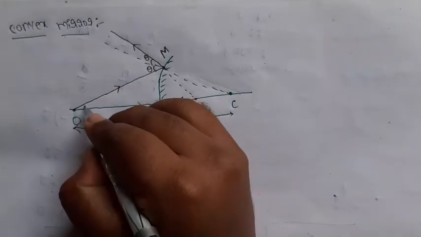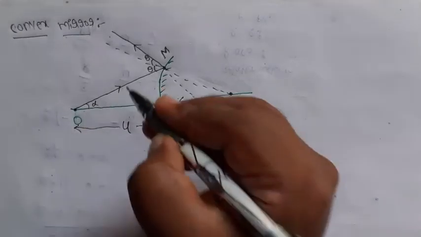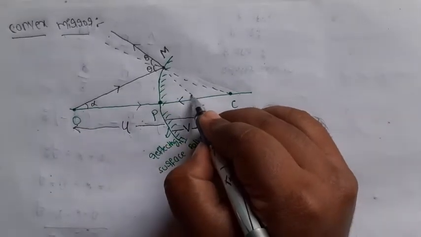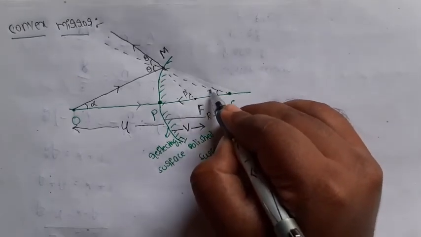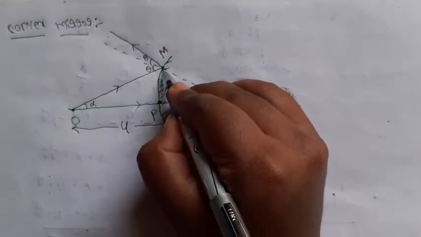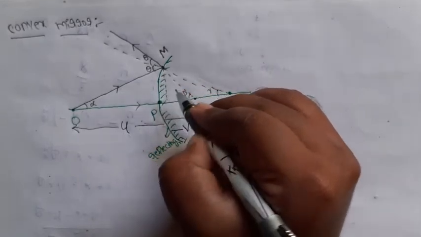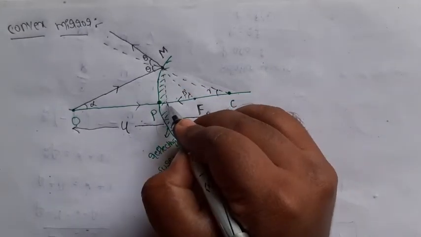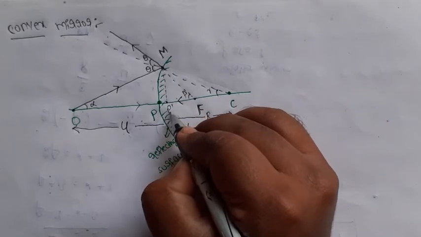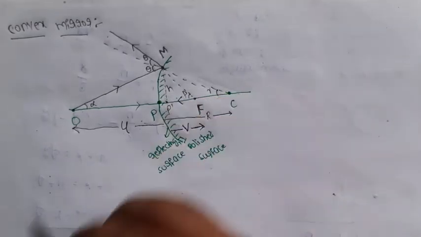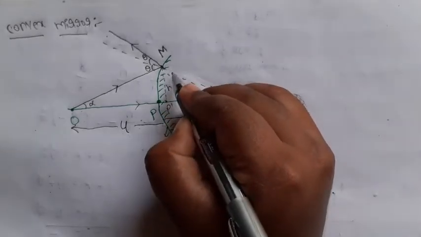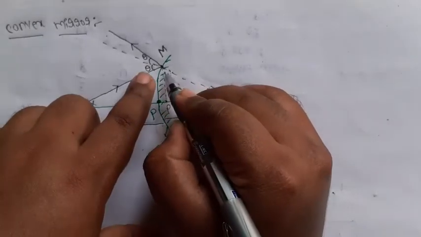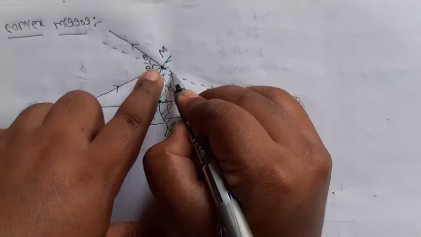I am taking here this angle alpha, this angle beta, this angle gamma. I am drawing it at this point perpendicular to the principal axis. At this point I am taking P dash. So here the distance is H. Here I want the angle value, that opposite angle is theta.